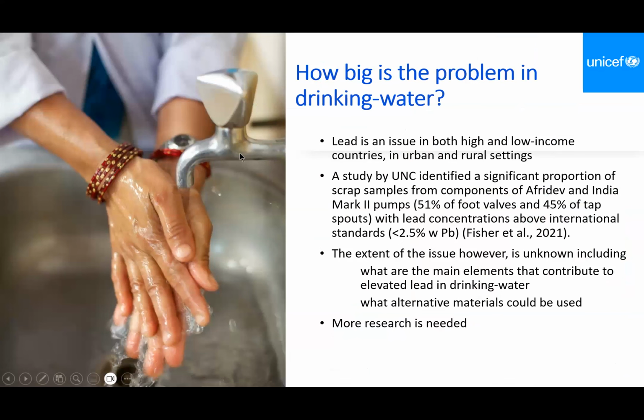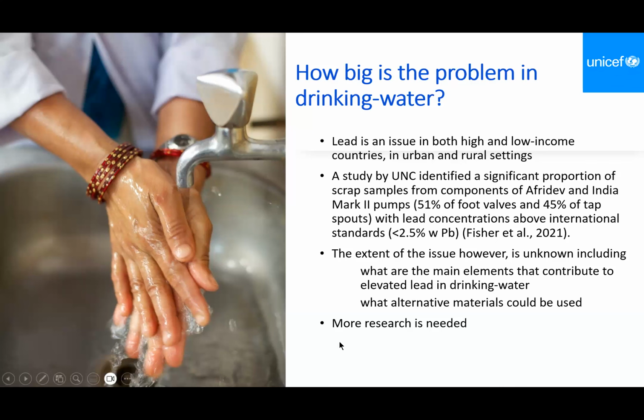What we know is that lead is an issue in both high and low income countries in terms of drinking water, and in both rural and urban settings. A study by UNC, the University of North Carolina, identified a significant proportion of scrap samples from components of AfriDev and India Mark II pumps, with a very high percentage of footvalves and tap spouts that contain lead concentrations well above some of the recommended international standards.